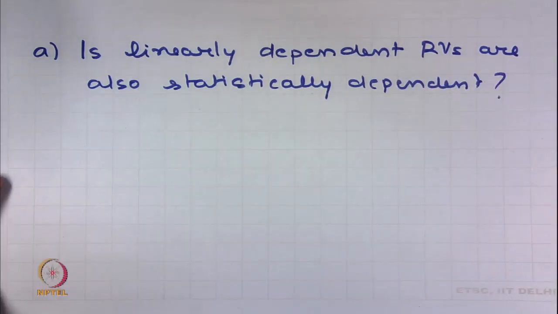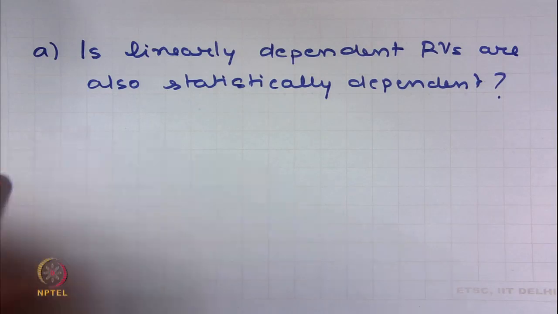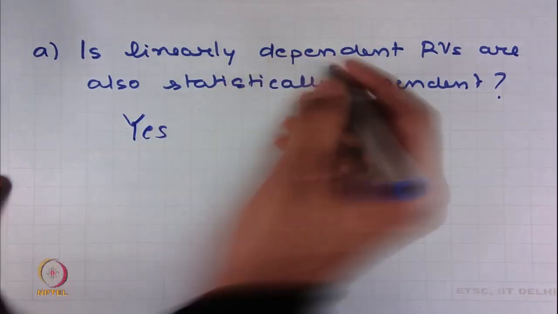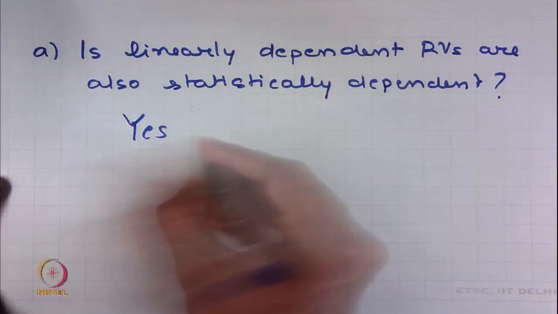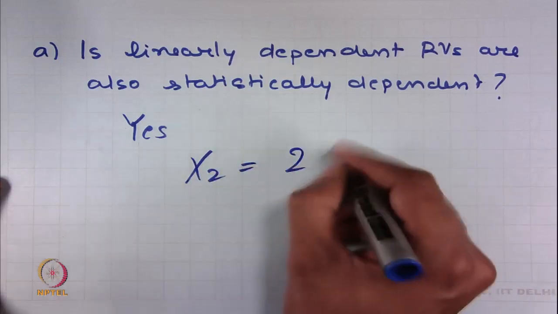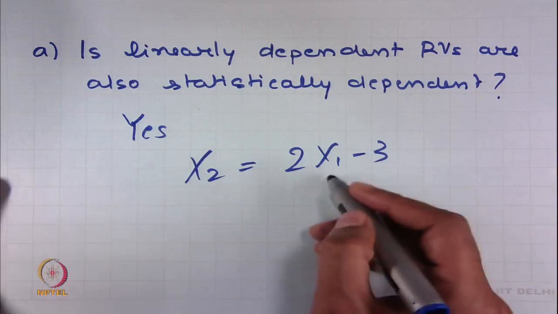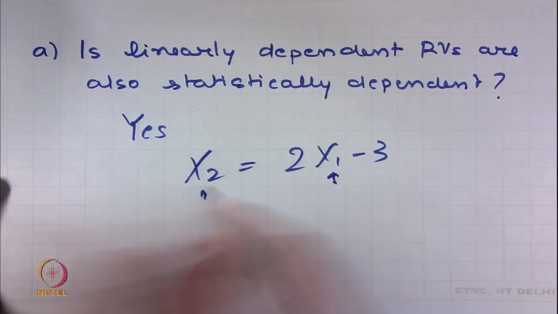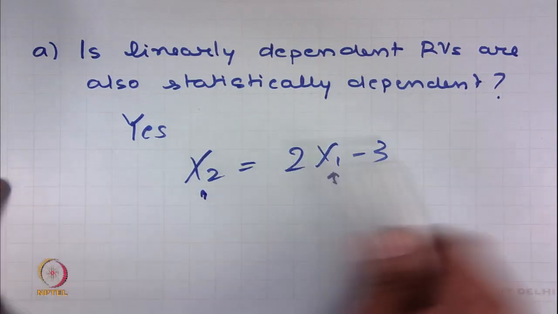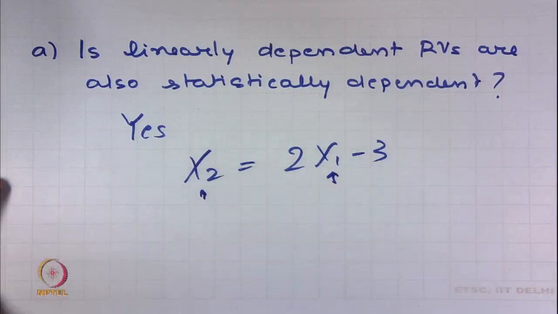And the answer is obviously yes, because what is linear dependence? Linear dependence means that one random variable is a deterministic function of another random variable. So, if you know this random variable, you know everything about this random variable. So, it is a completely deterministic dependence.